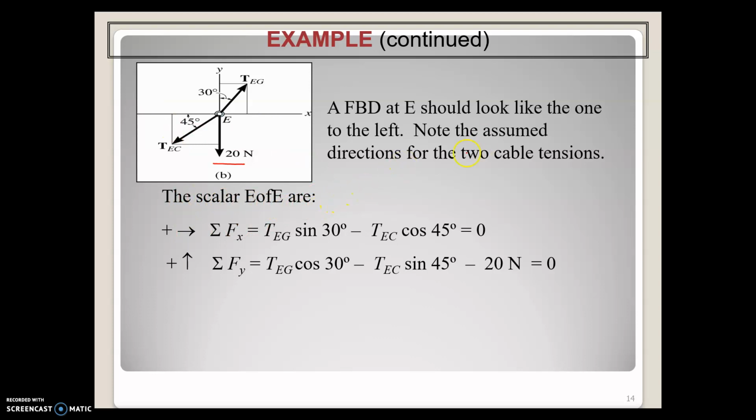Alright? Kat sini kena pastikan to assume the direction for this two cable is in tension. Maknanya dia moving out from the particle E. Okay? Keluar daripada particle E ni. Okay. Then you have kena consider. Okay. Kena make sure write down this notation lah. Pada saya penting sebab apa?